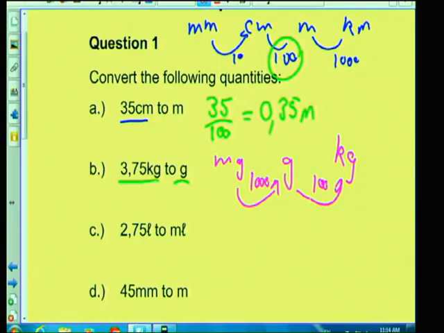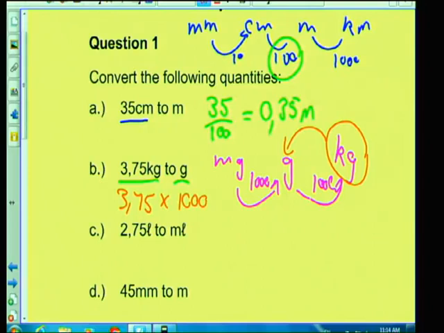And it makes sense that it's 1,000. So now we're going to go from kilograms, the bigger unit, to the smaller unit. What are we going to do? Yeah, you got it. We're going to multiply by 1,000. So we're going to say 3.75 multiplied not just by 10, not by 100, but by 1,000.